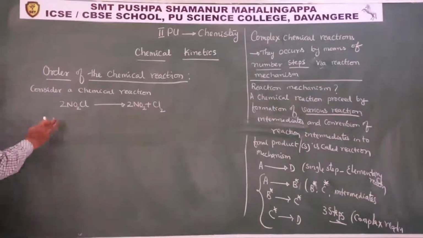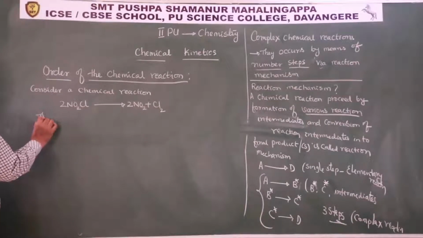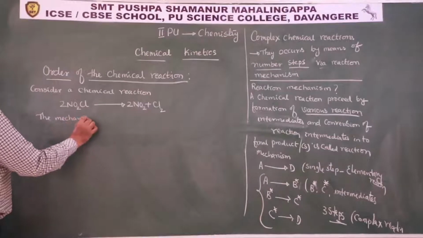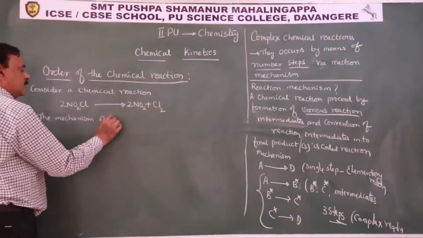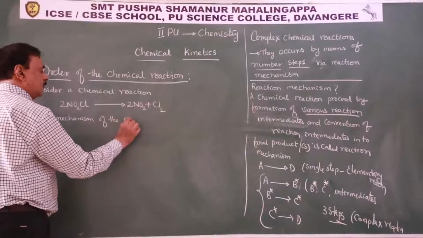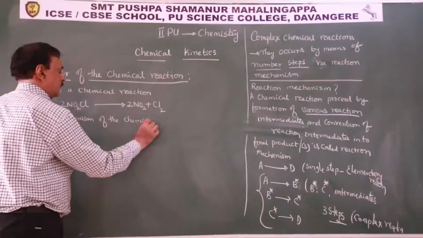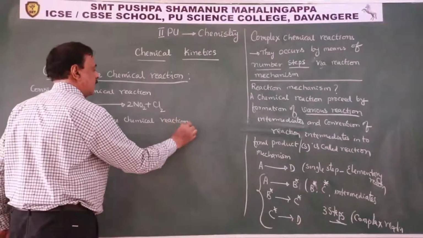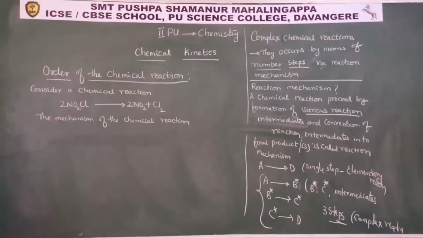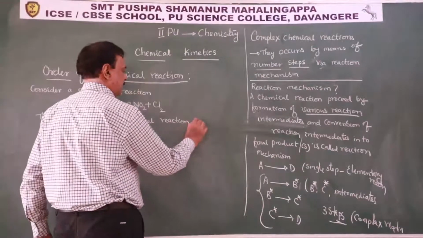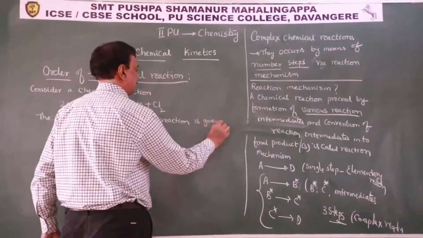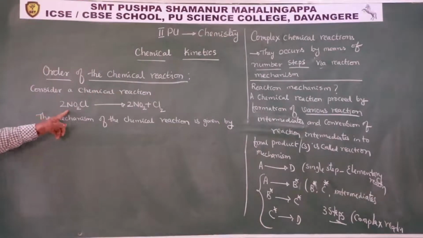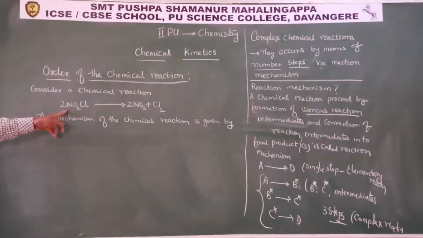The mechanism of the chemical reaction is given by this. Here 2 molecules are there, but at a time I will take only one molecule.